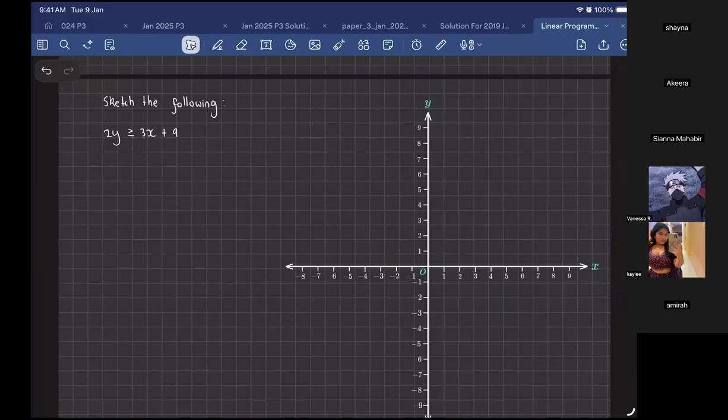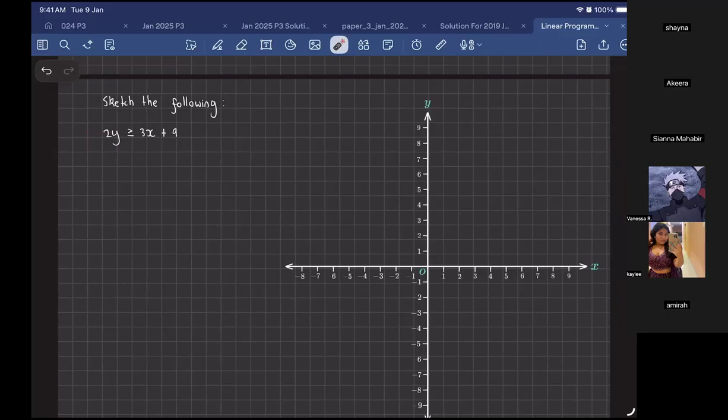Okay, it's easier than I think, eh? Right now, this is our inequality, because it has more than or equal to. So if you change that to an equation, what sign is in the middle? Equal. So tell me, what would the equation for that look like?